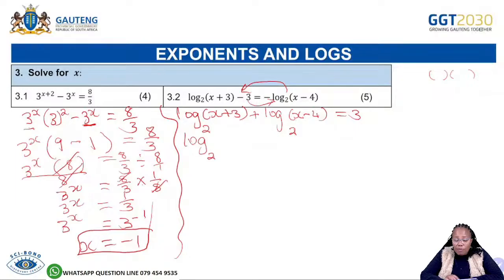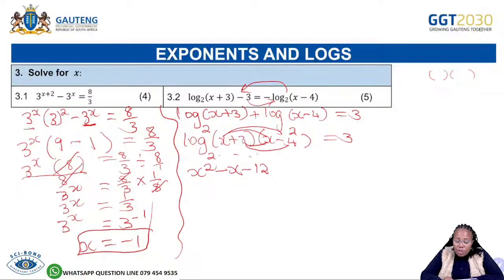Then it will be log base 2 of x plus 3, multiplied by x minus 4, following the rules, and then equals 3. And then now these 2 brackets will give us x squared minus 4x plus 3x minus 12.